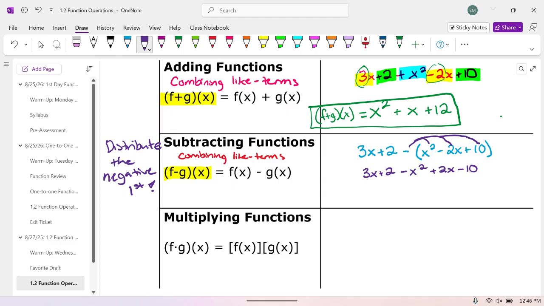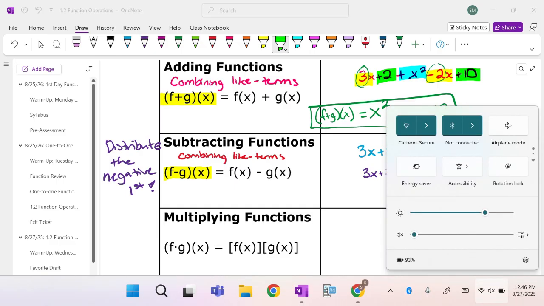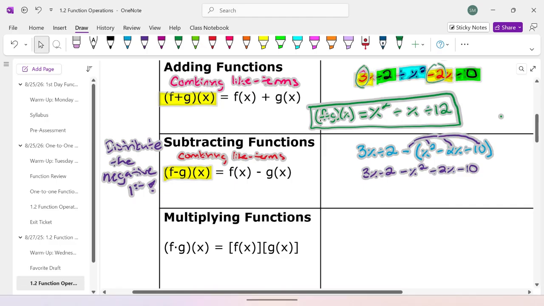Now that we distributed that negative, we can determine our like terms and combine them just like we did up top. Can someone tell me one set of like terms? 2 and 10 again. So 2 and negative 10. Make sure you include the signs with them as well, because again, it's important.